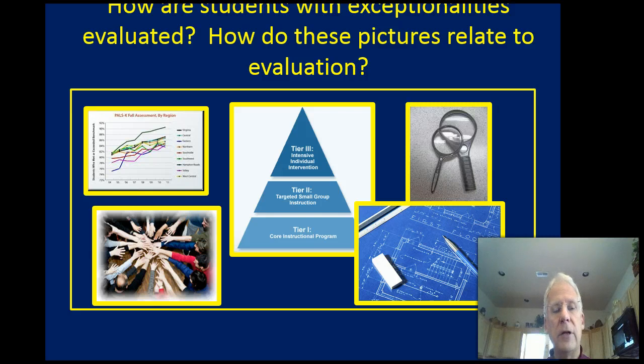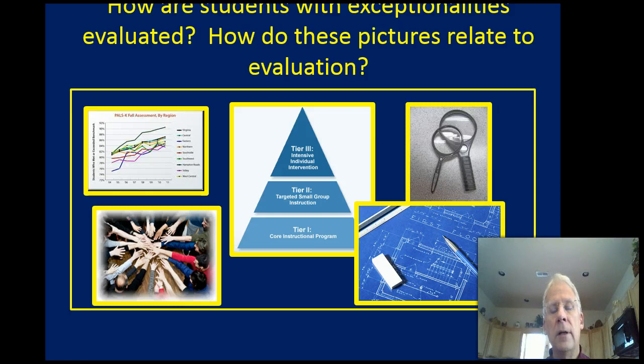Teachers nowadays will be generating those types of charts for their students based on assessment, and they'll use those charts to help them design instruction. If we look below that, we see lots of hands, right? When we're working with students with special needs, there are a lot of people involved. If we look in the middle, we're going to be spending some time talking about RTI, which is response to intervention, and the 3 tiers.